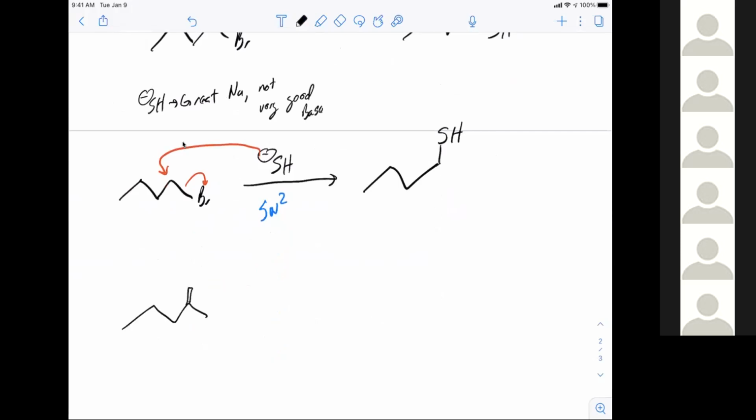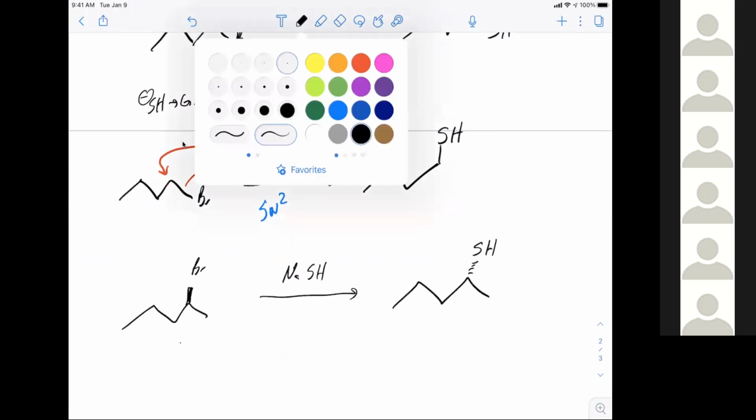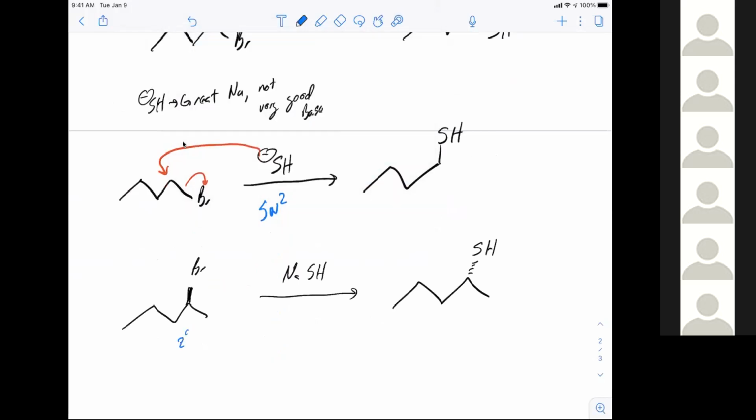One of the differences with the sulfur-containing compound and the oxygen derivative of that is that for a secondary group, we really have no competition with E2.